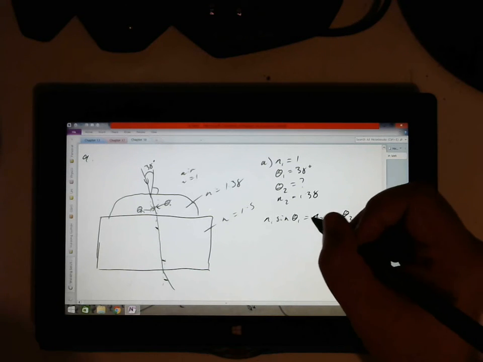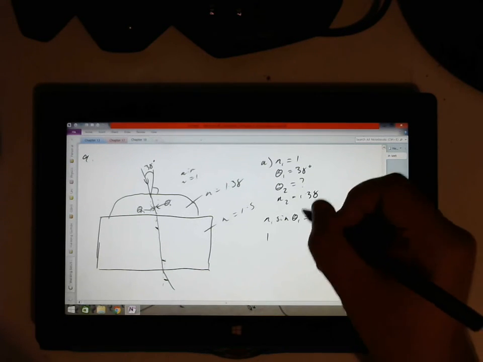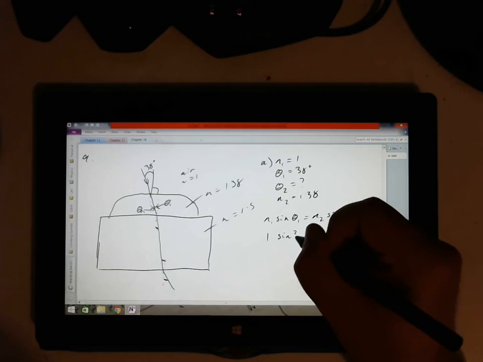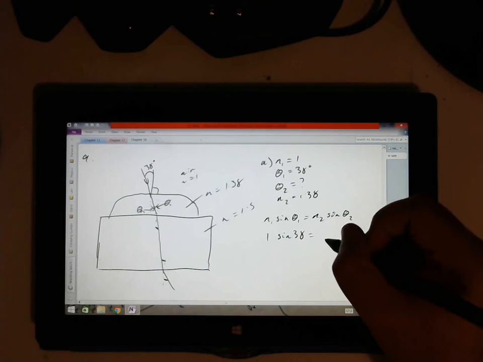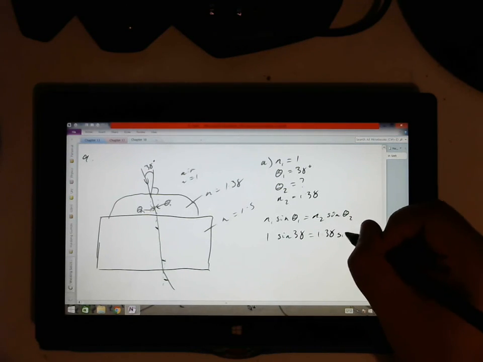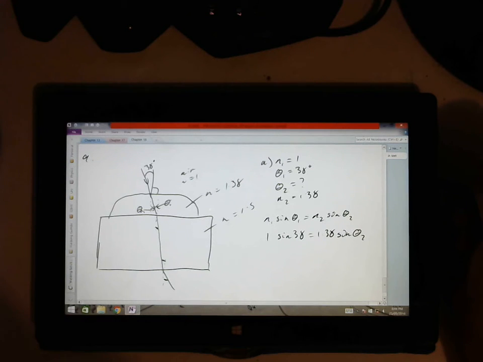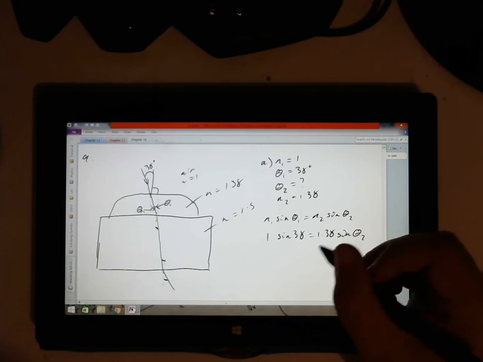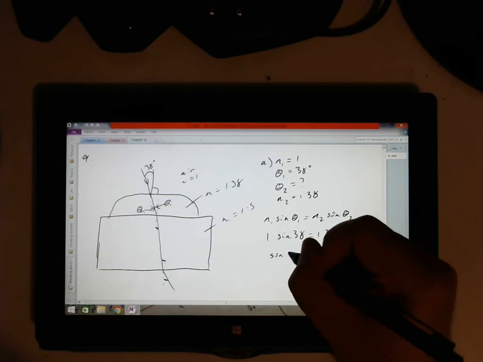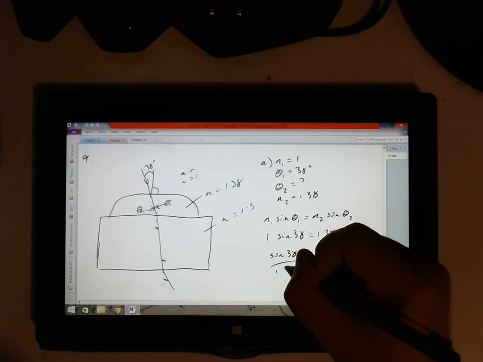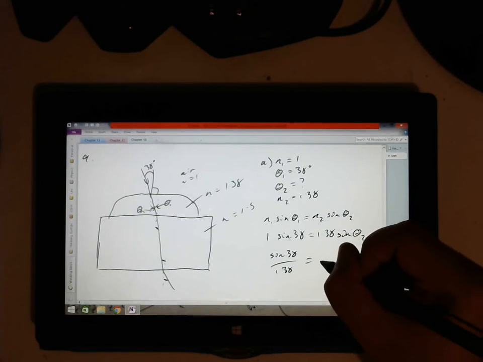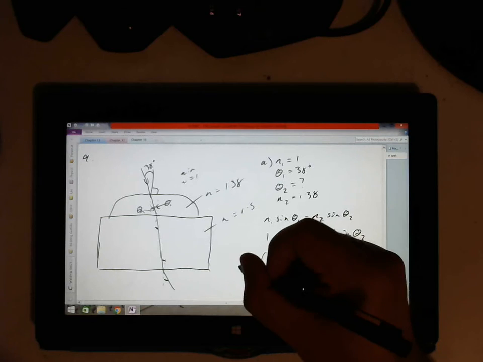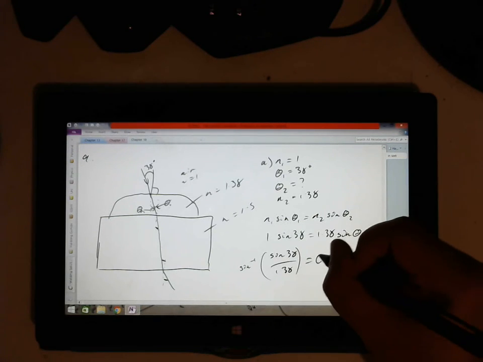So let's keep going. n1 is 1, sine theta 1, sine 38, equals 1.38 sine theta 2. Let's rearrange. The 1 goes away. Sine 38 over 1.38 equals, and let's take the arc sine, theta 2.